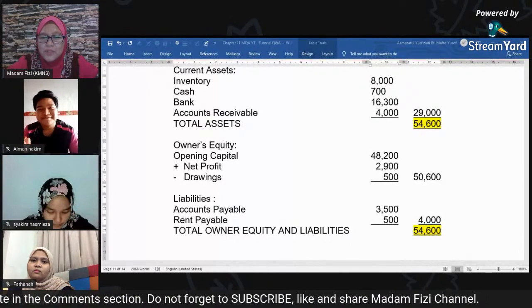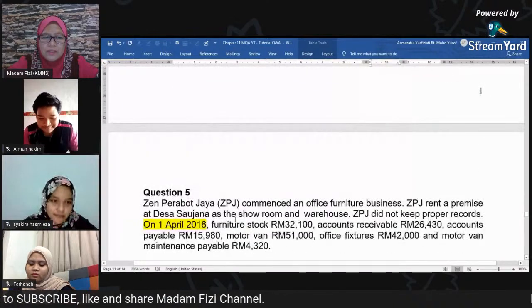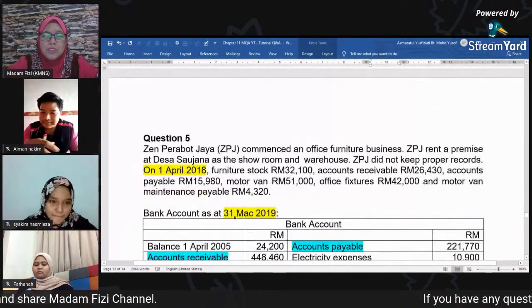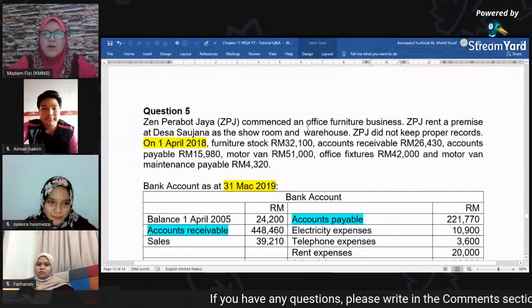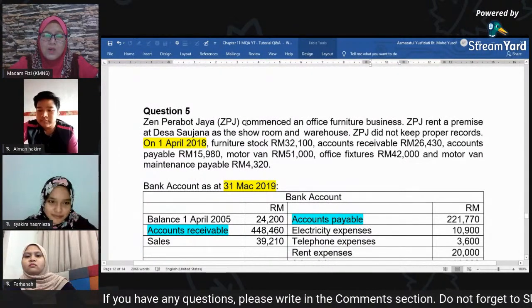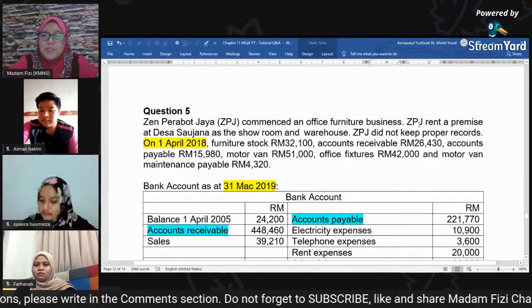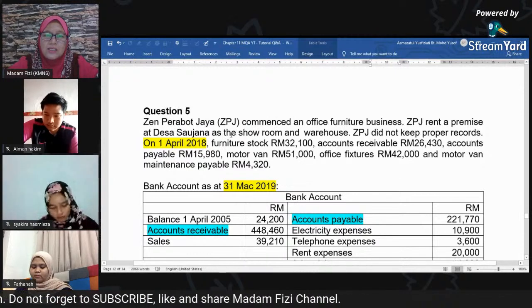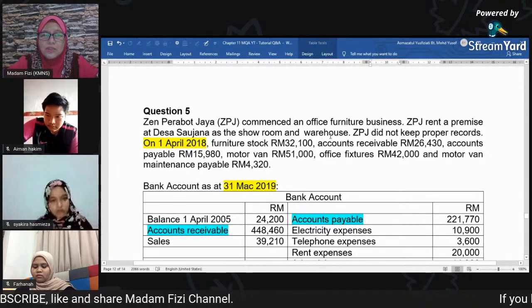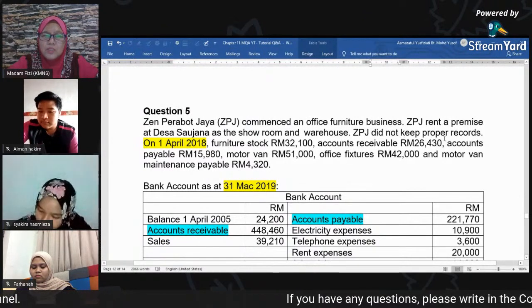Okay, now we go to the last question. That is question number 5. Zen Perabot Jaya or ZPJ commence an office furniture business. Commence ni apa? Memulakan. Okay, ZPJ ran a premise at Desa Sarjana as the showroom and warehouse. ZPJ did not keep proper records.